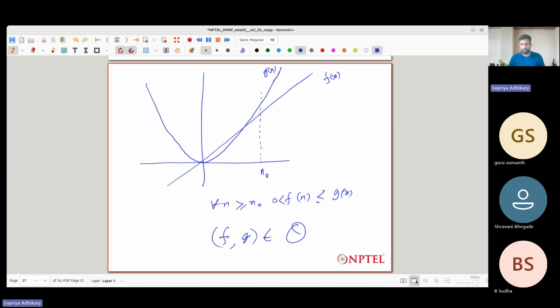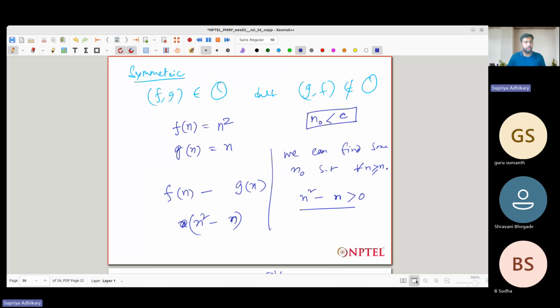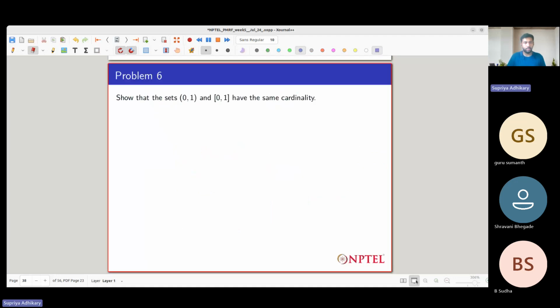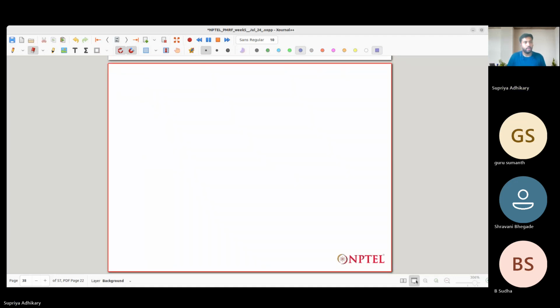But what about g, f? Now that is the point. If we try to figure out this one, we have f(n) equals n square and g(n) equals n. Then consider g(n) minus c f(n) for any constant c.